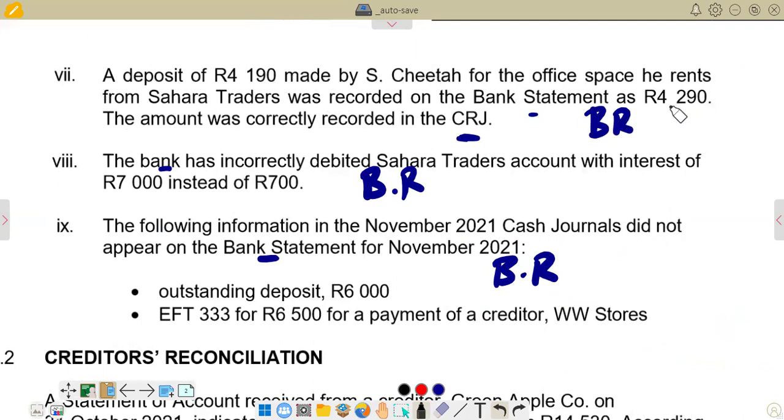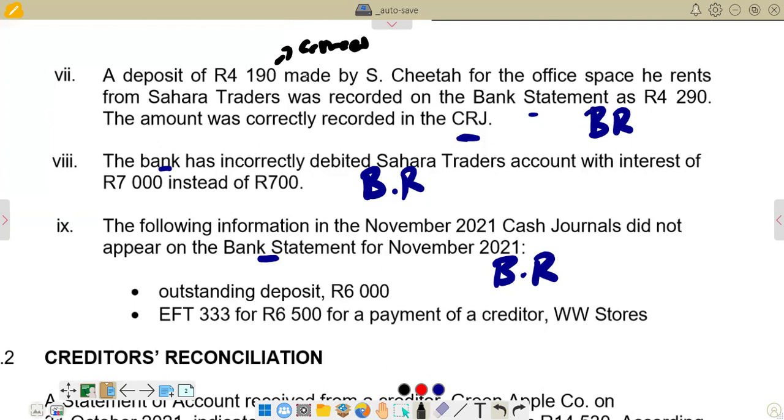So what does it say? The deposit was 4,190. This represents the correct figure. And then when it was recorded on the bank statement, it was recorded as 4,290. So what it means is it was recorded as a bigger figure.